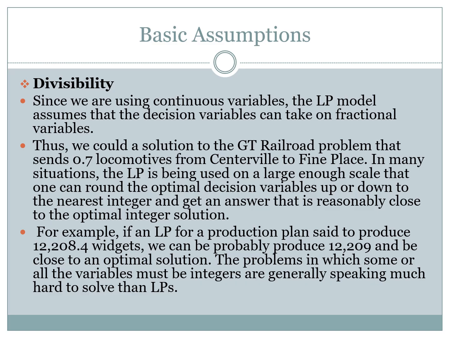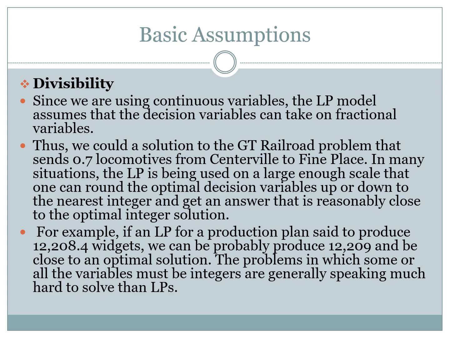Next one, divisibility. Since we are using continuous variables, the linear programming model assumes that the decision variables can take on fractional values. Thus, we got a solution to the GT railroad problem that sends 0.7 locomotives from Centerville to Fine Place.